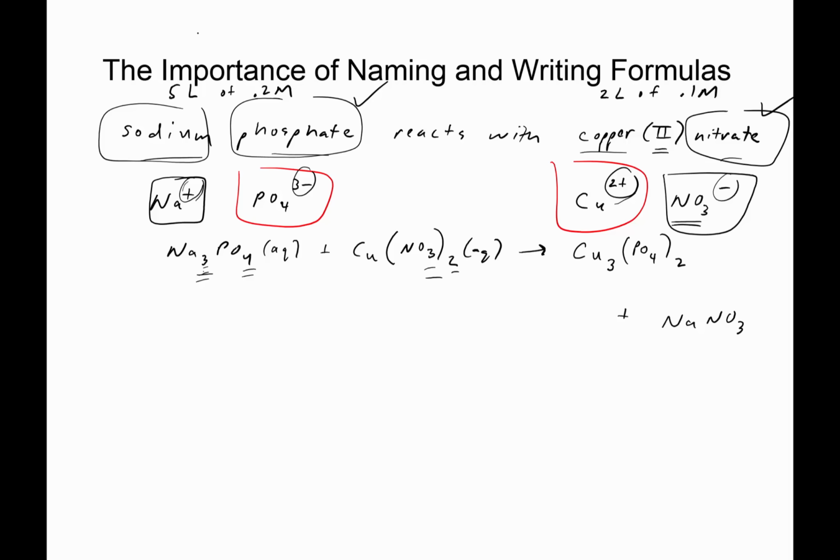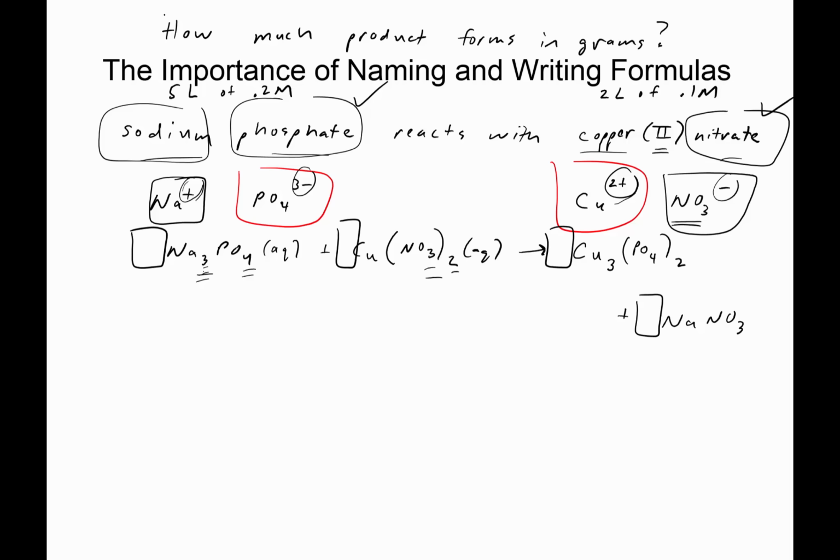But what if I wrote, how much product forms, how much solid product forms in grams? So you're going to at some point need to compare the mole ratios, so the balanced numbers of all these ingredients. At some point to answer this question, you're going to need to do that. It all goes back to writing the formulas correctly.